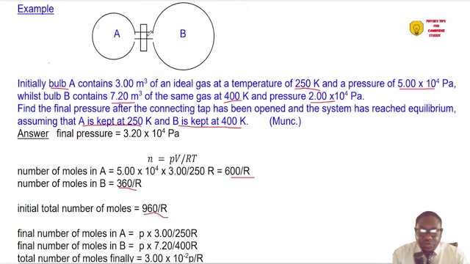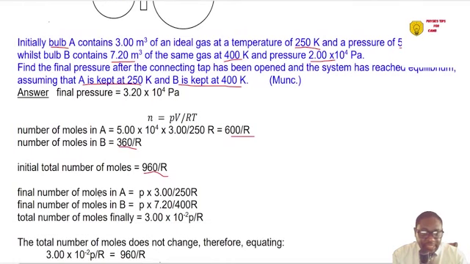After this valve has been opened, we're going to have these containers still maintaining their temperatures, that is 250 kelvins in A and 400 kelvins in B. To get the final number of moles in A, it's going to be PV over RT, which is going to be the new P times V, which is still the same, over 250R, and then the final moles in B will be the new P times 7.20 over 400R.